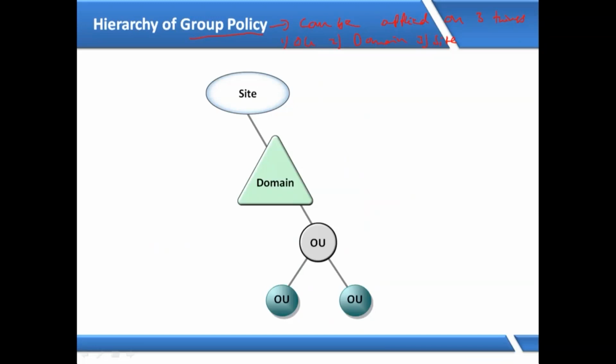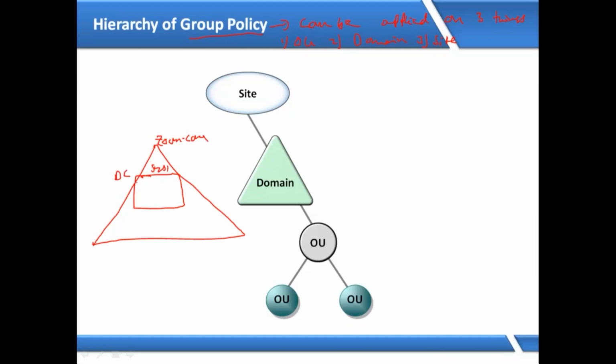Suppose we are working on the domain model. Here, the domain model is represented as a triangle. In my case, I created my domain with the name Zoom.com. Here we have a DC.